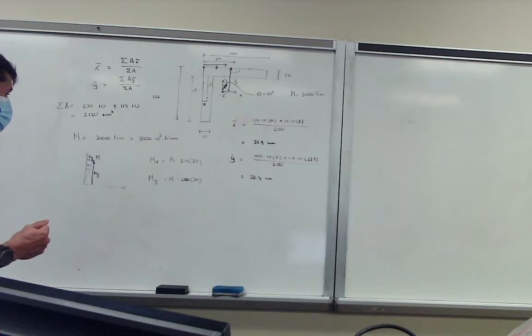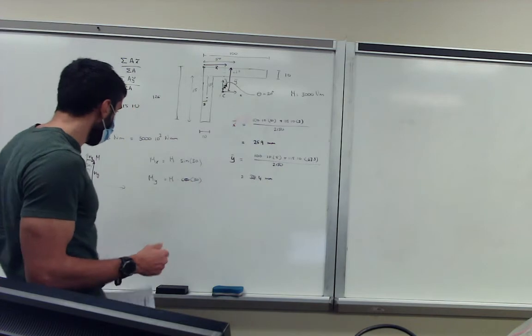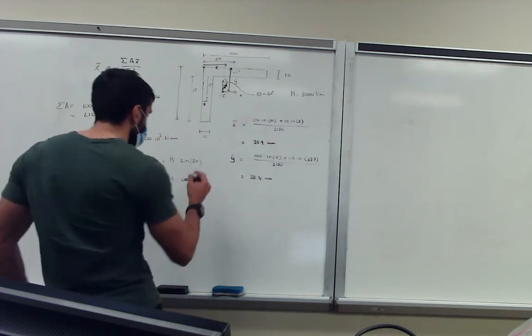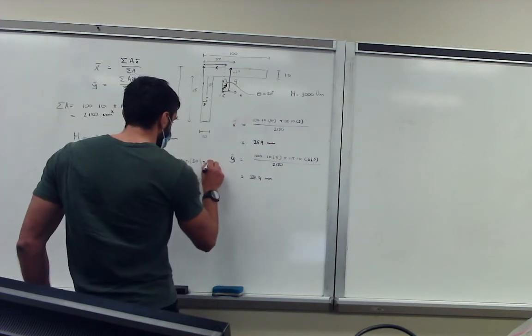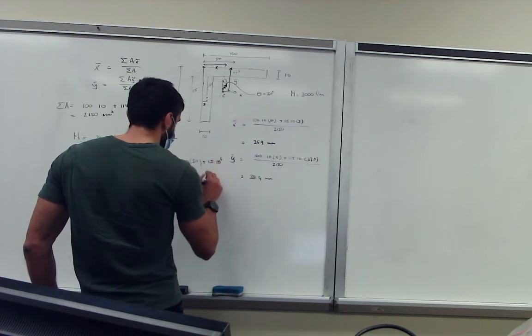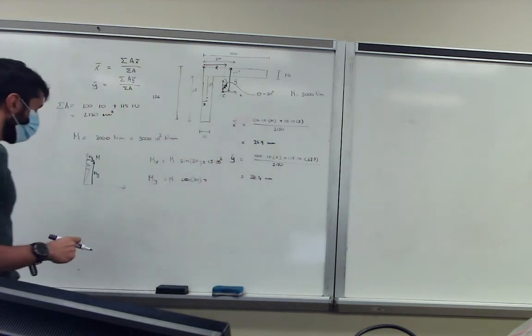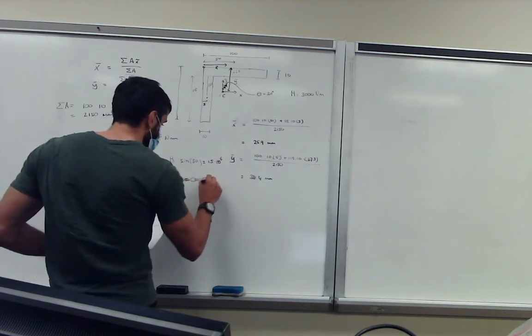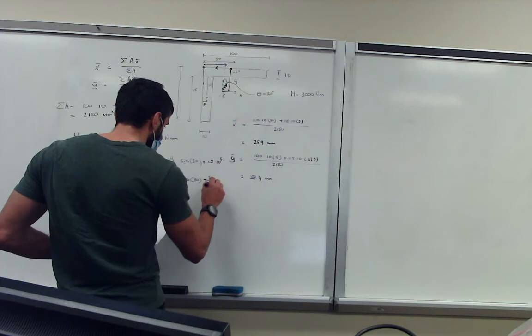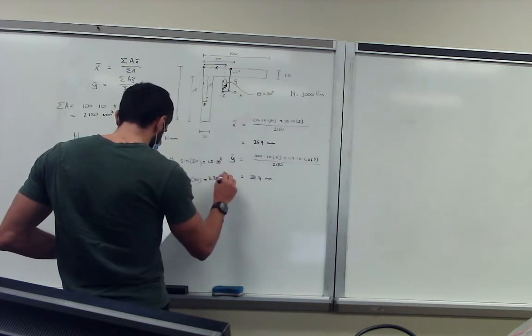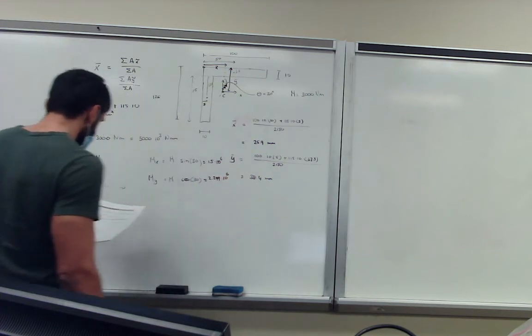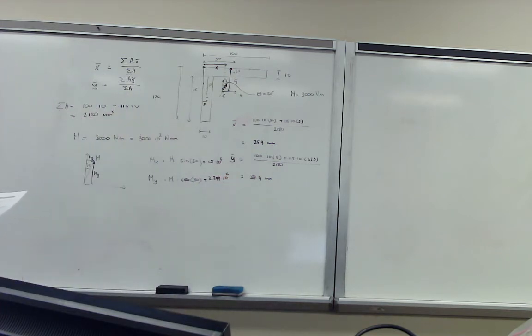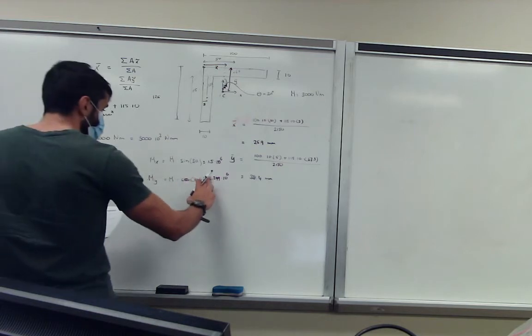So with sine 30, someone pop that up. 1,500 times 10 to the third Newton millimeters. And this one, cosine 30? 1,299 times 10 to the third. It's 1,200. Sorry.